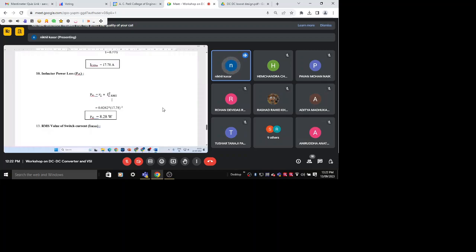So how much power will be lost? 7 point, will be the loss during the conduction. So this is the calculation of the DC to DC boost converter. Any queries on the calculation?